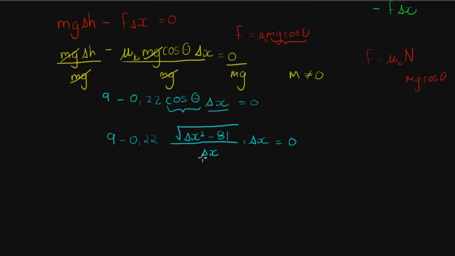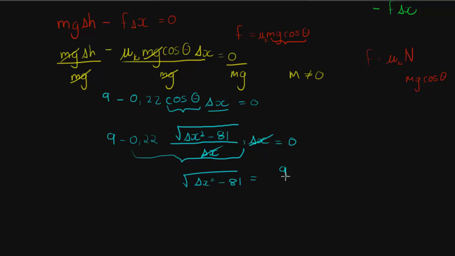And now we just simplify, we just cancel that out. So we have 0.22 times the square root of x squared minus 81 is equal to 9. Okay, so if I just take this whole term and add it on the other side, then it will be positive. So that's basically what I'm doing.